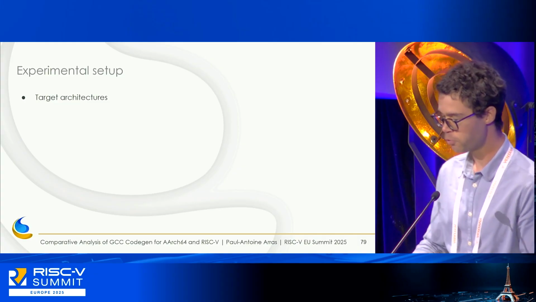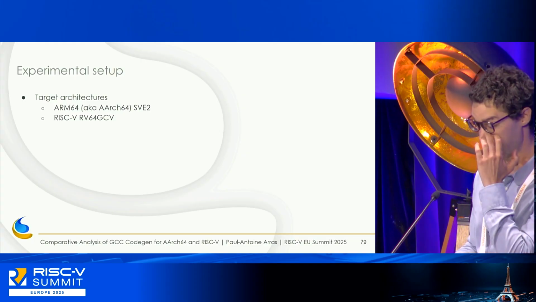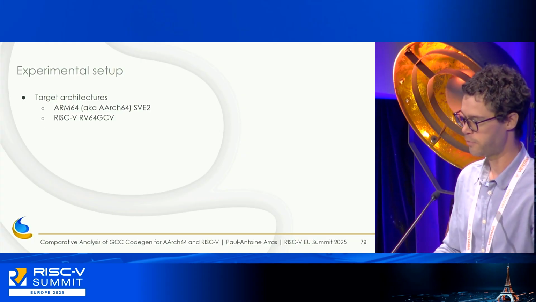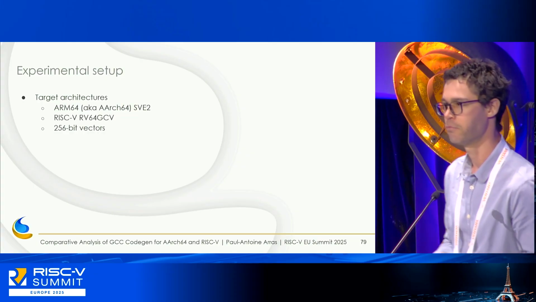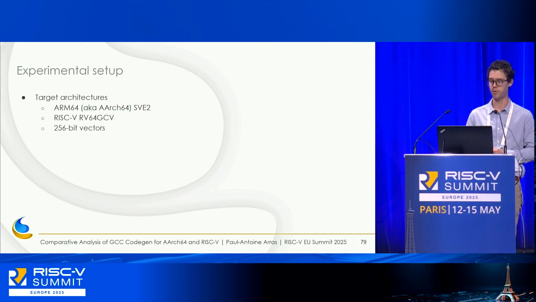A few words about the experimental setup that we used. The target architectures are ARM with the SVE2 vector extension and RISC-V with the V extension. We're targeting an architecture that is close to the Banana Pi F3 board, so with 256-bit vectors. And we use SPEC CPU with the reference dataset.